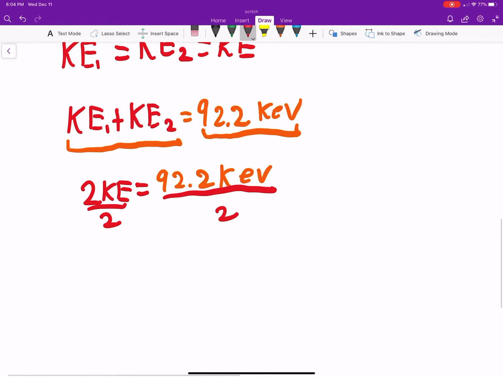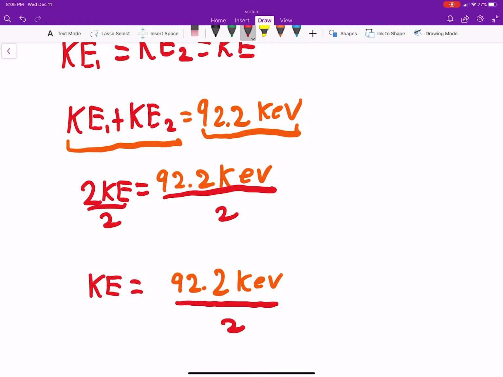And finally we can see that your kinetic energy is equal to, and we're also going to convert this here, 10.1 times 10 to the third over 1, and this will drop with this, so our units make sense.